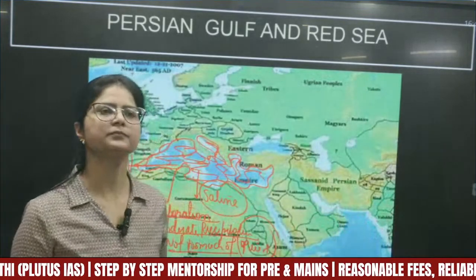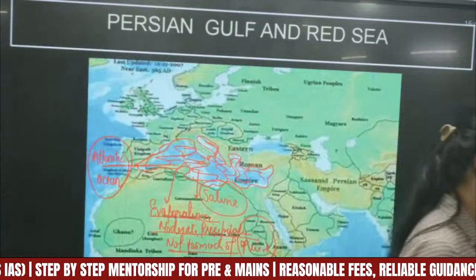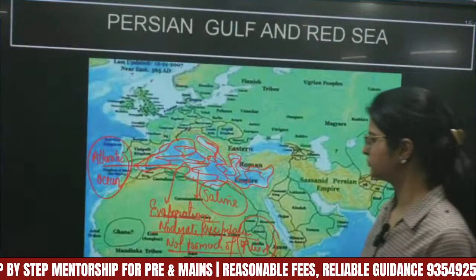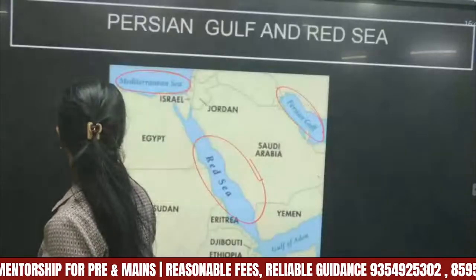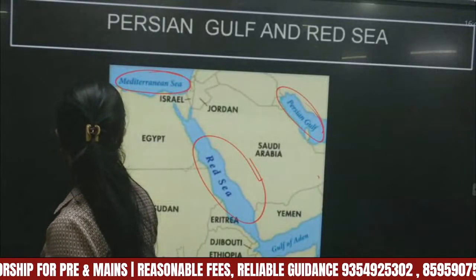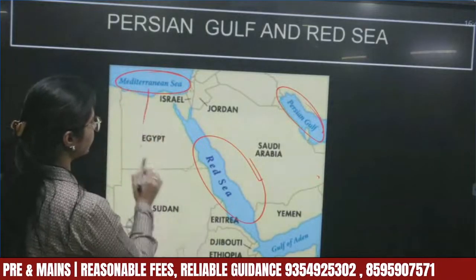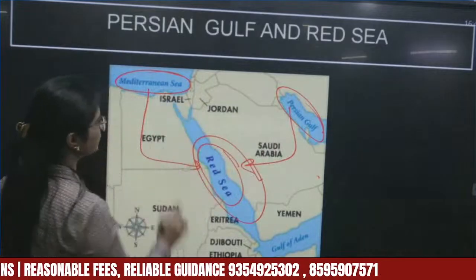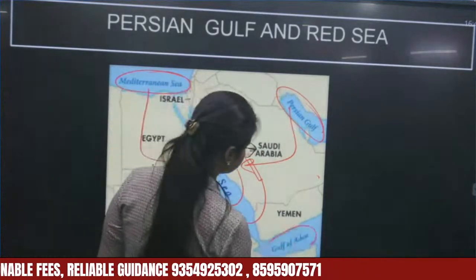Okay. Just look at all of them one by one. I'm having all three here in one diagram. In one, this is Red Sea, this is Persian Gulf and Mediterranean Sea. Here you're having a Gulf of Aden.